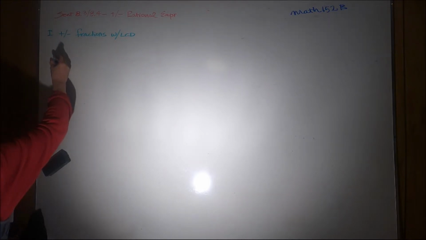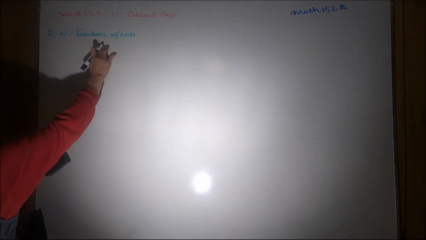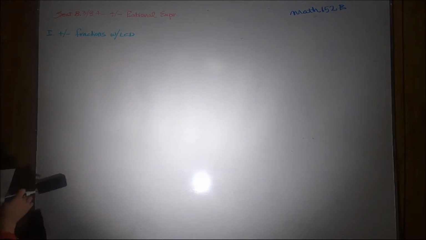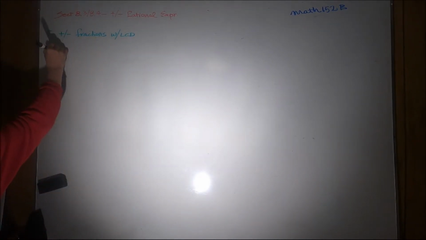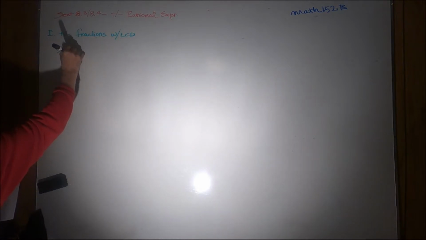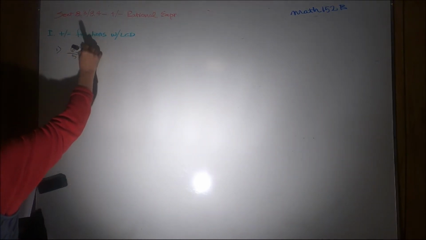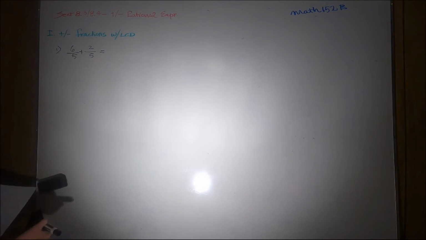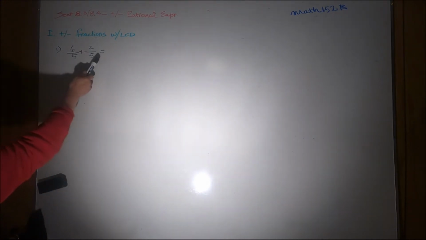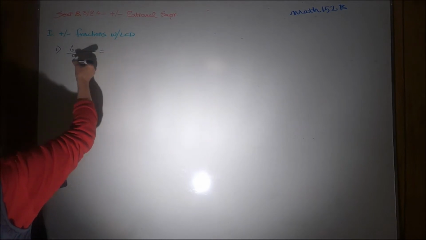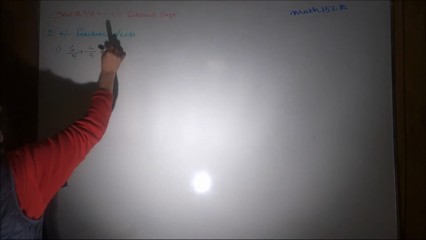So, let's review the numbers first with LCD for adding and subtracting fractions. If we have the same denominators, what do you think? 6 pesos plus 2 pesos would be 8 pesos, over the fifth, so that would be 8 over fifth.